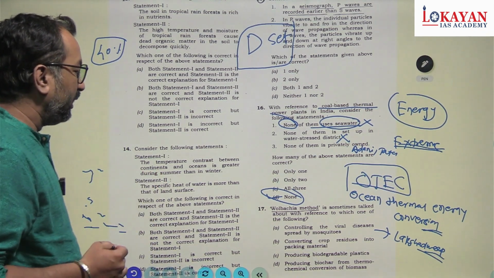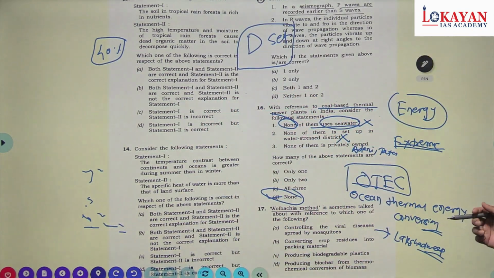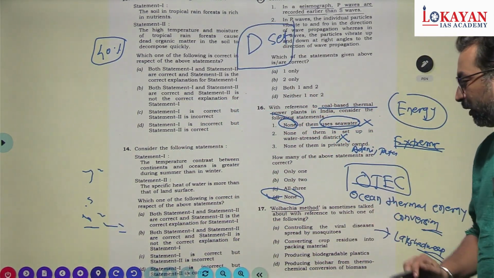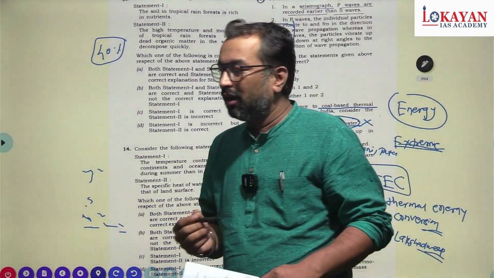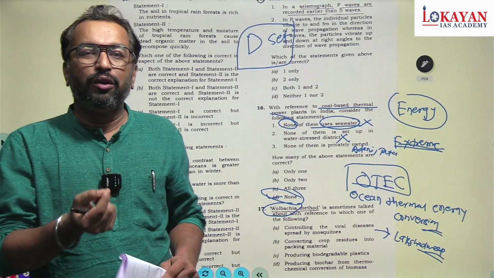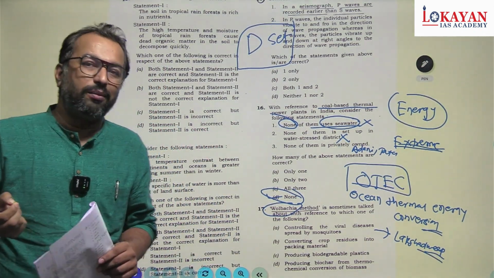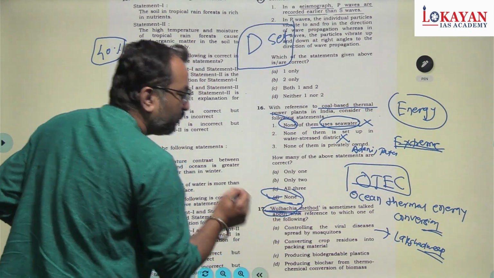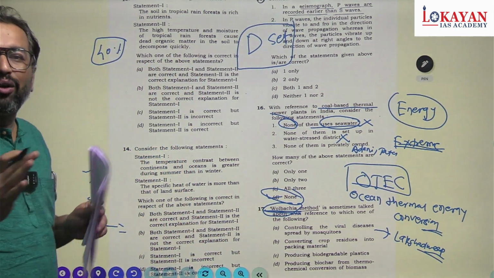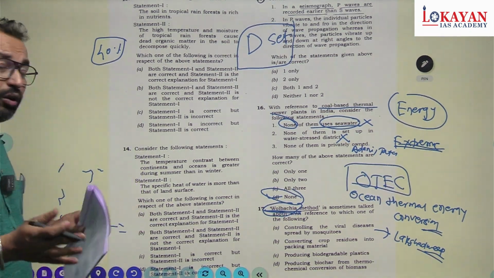Question number 17. The Wolbachia method is sometimes talked about with reference to which one of the following? This year many questions were concept based. Some concept is given and you are asked the usage or meaning of that concept. Now, if you haven't read this word or gone through this concept, then it is very difficult, because you cannot even guess.